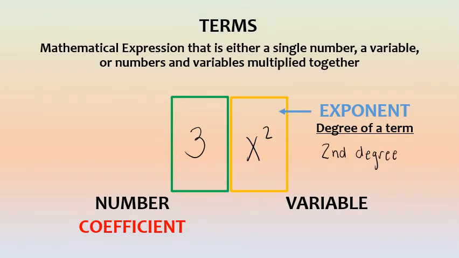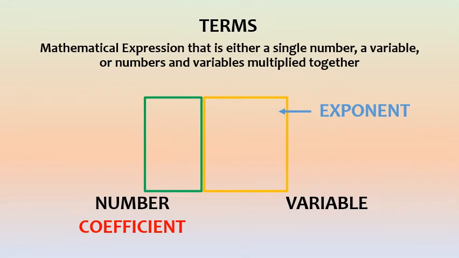So talking about variable din class, hindi lang tayo limited sa x. It can be any variable, any letter. It can be y, m, a, b, or z, or it can be a combination of both. Can be a combination of two variables. So let's talk about variables or terms that has combinations of two or more variables.